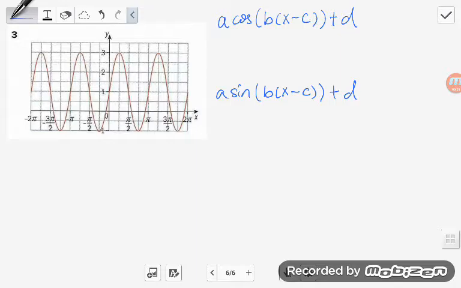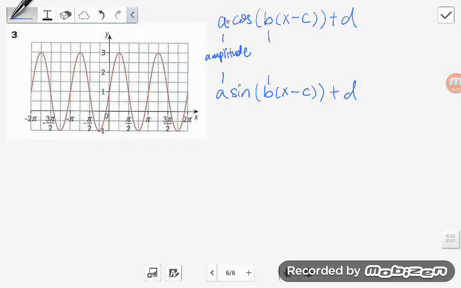Just a very quick review. The A over here has something to do with my amplitude, and it is also my vertical stretch or compression.